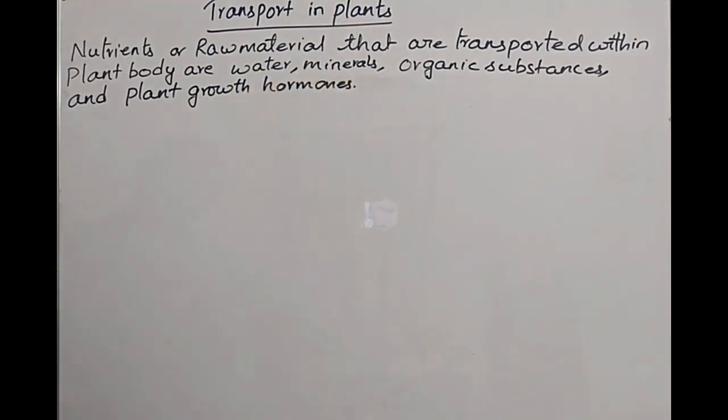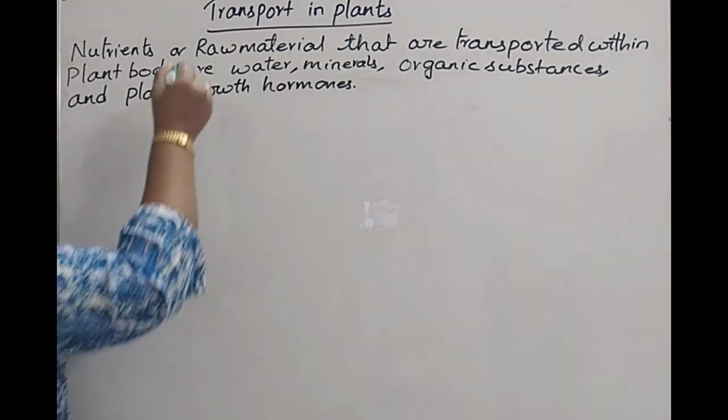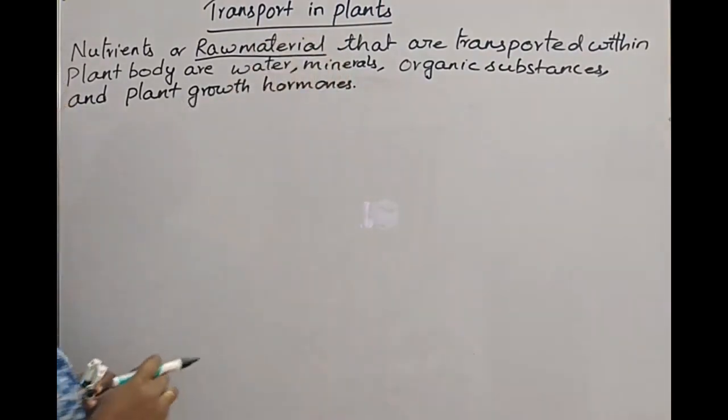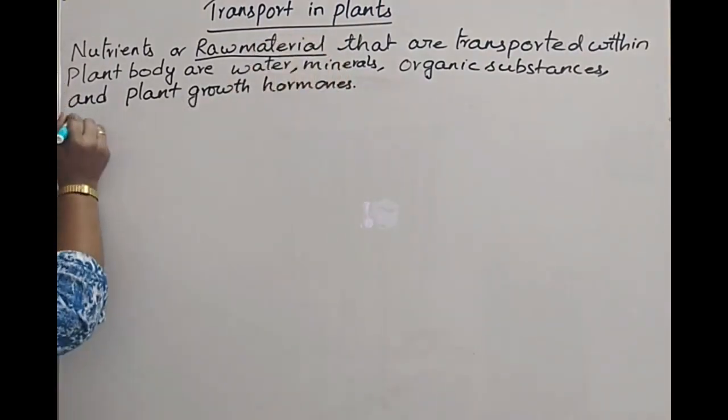Basing on how much distance these raw materials are being transported within the plant body, the types of transportation are of two types.